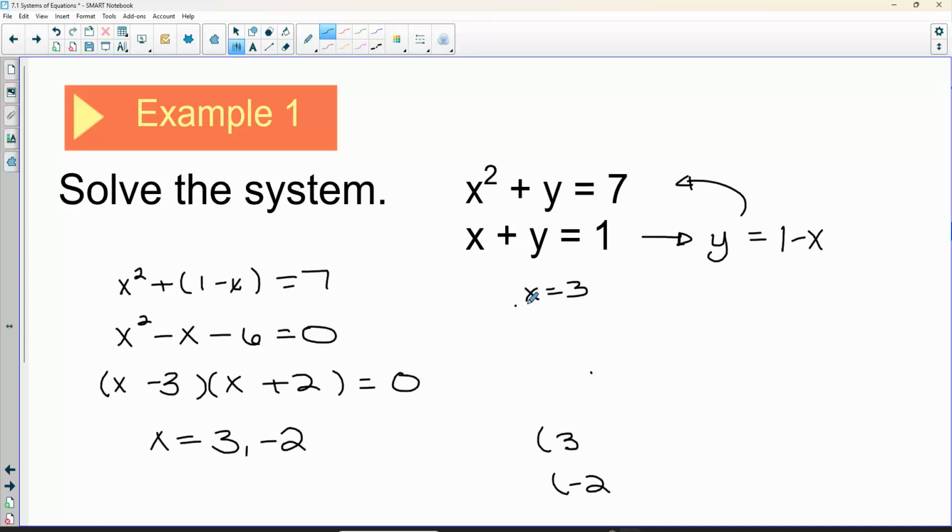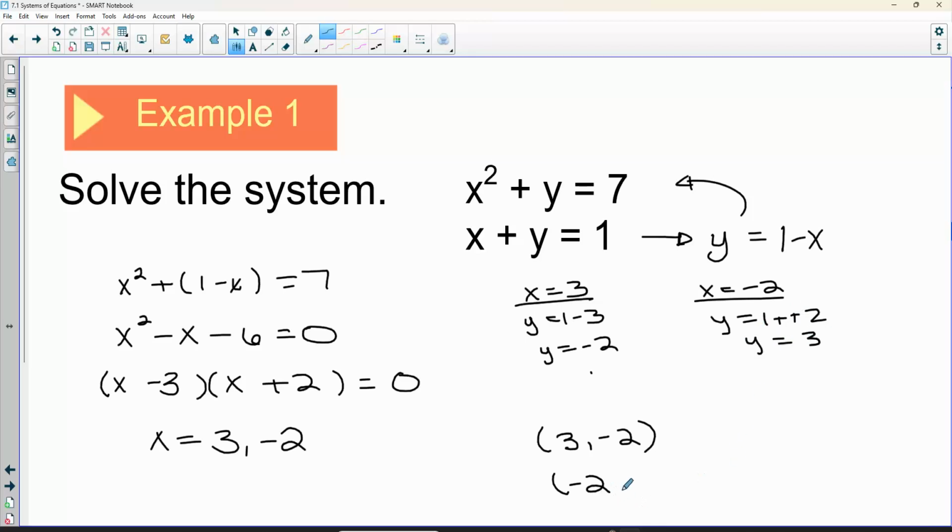So when x is 3, you know y is 1 minus x, so y is negative 2. When x is negative 2, y is 1 minus negative 2, so y is 3.